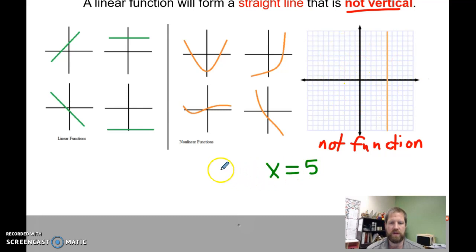Okay, you could think of this as 0 times y plus x. Okay, this is always going to be 0. Right? It doesn't even appear in our equation. Okay, so whatever value we put in for y, x is always going to equal 5. Okay, and so we get a straight line at x equals 5, vertical, and it's not a function. Still linear, but not a function.